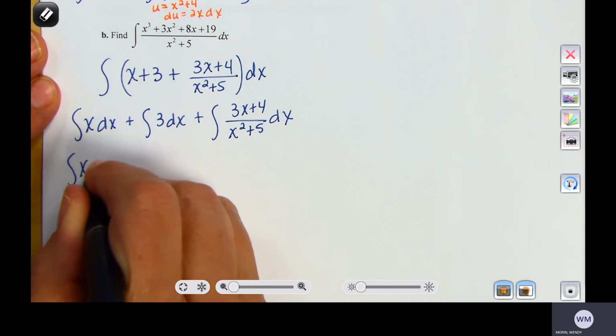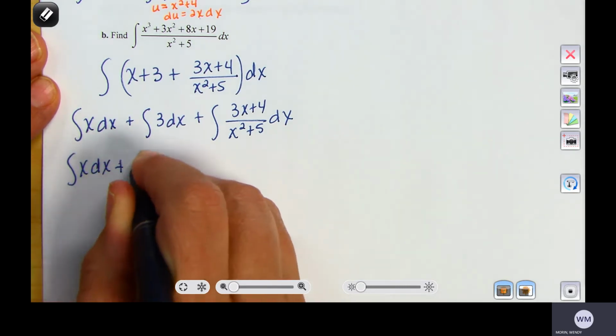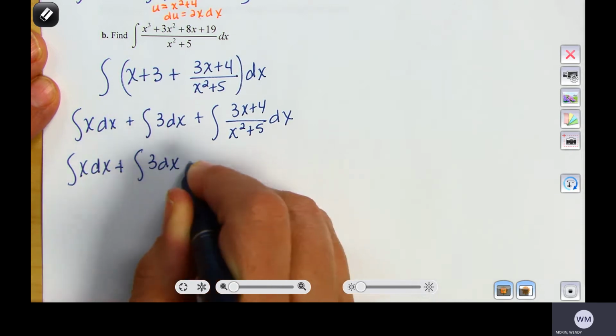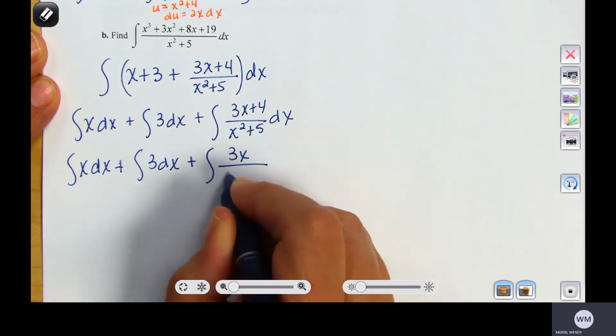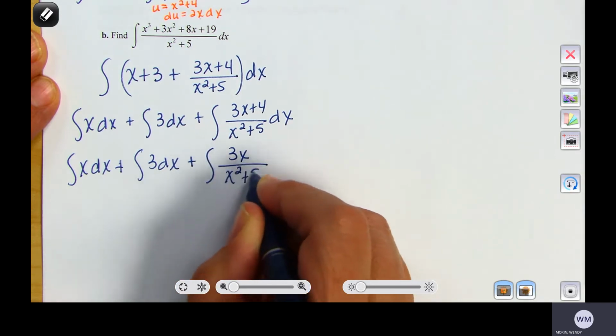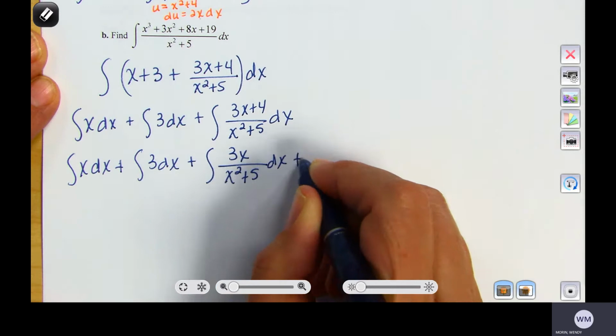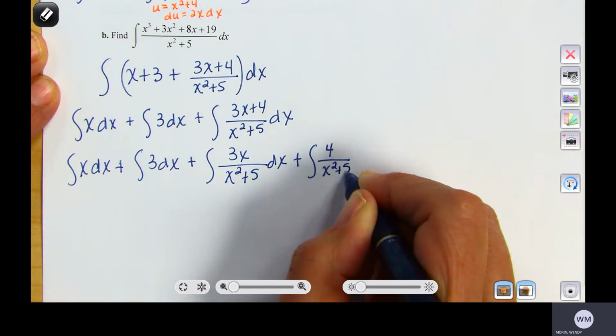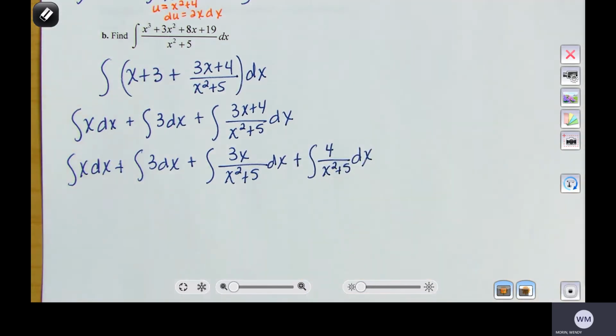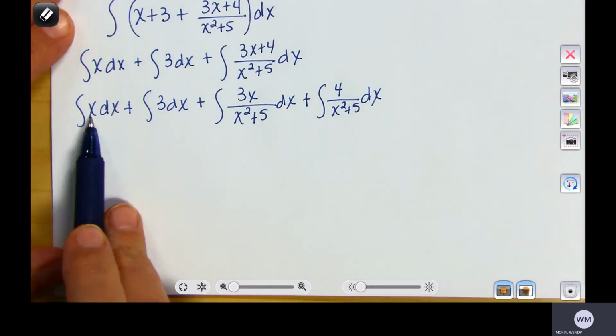So we have x dx plus 3 dx plus the first term 3x divided by the common denominator plus the second term divided by the common denominator. Now I'm ready to integrate. Four problems, basically. So let's start with the easy one.